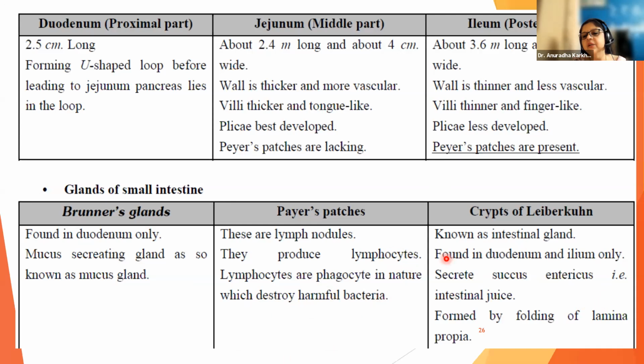And crypts of Lieberkühn, known as the intestinal glands, found in the duodenum and ileum. They secrete succus entericus, that is intestinal juice, formed by folding of lamina propria. So Paneth cells are going to be a part of this only. Correct?